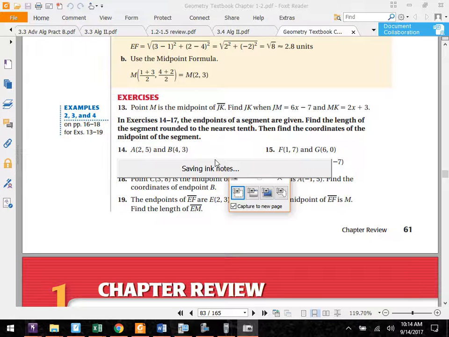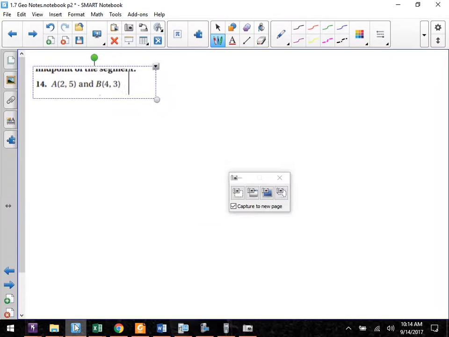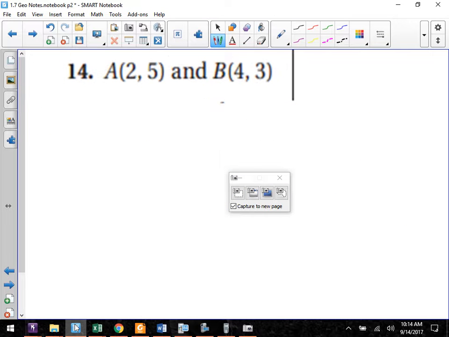Find the midpoint. So you have to do 2 things. Find the distance, find the midpoint. That's all that meant. First thing it says, find the distance.